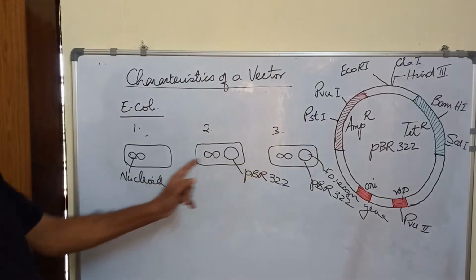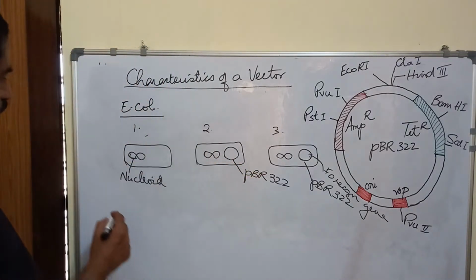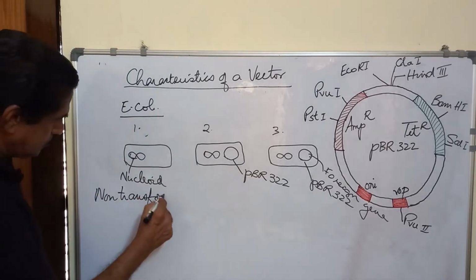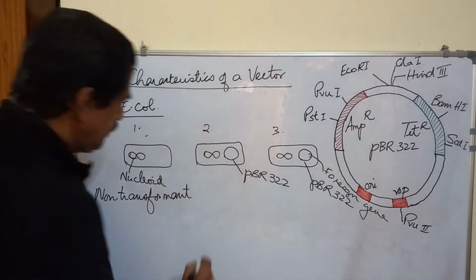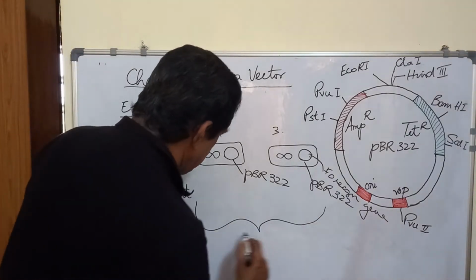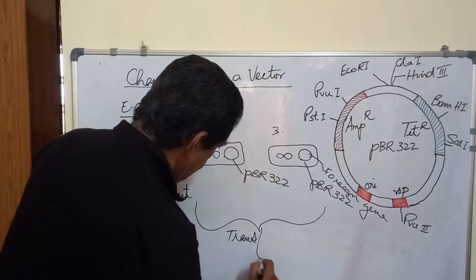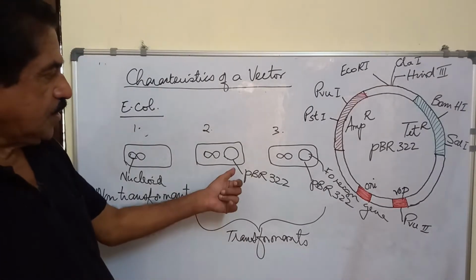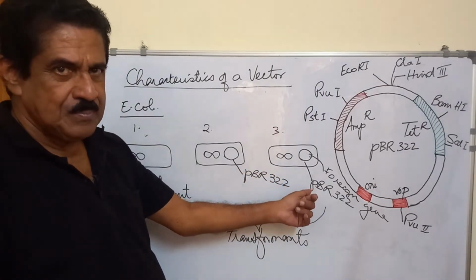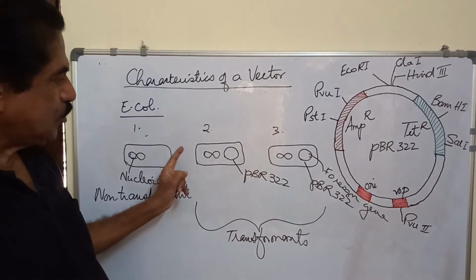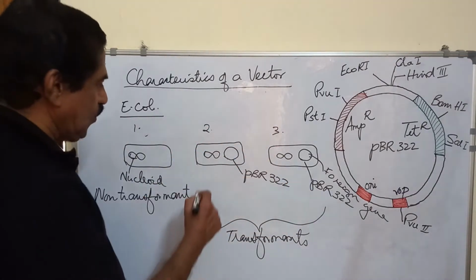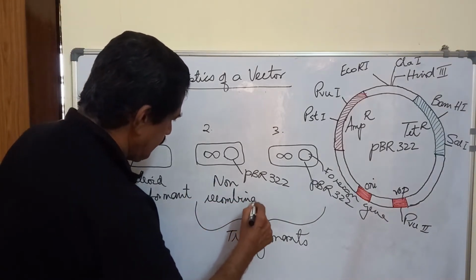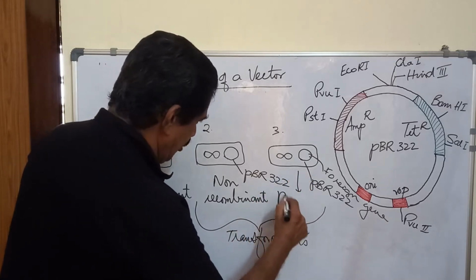Now, to distinguish between these three bacteria, this is called non-transformant. These two are transformants, because both of them have a foreign DNA inside them. And to distinguish between the two, this is called non-recombinant and this is called recombinant.